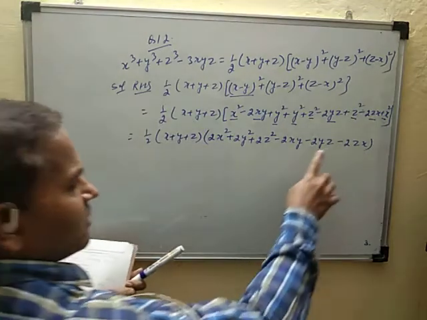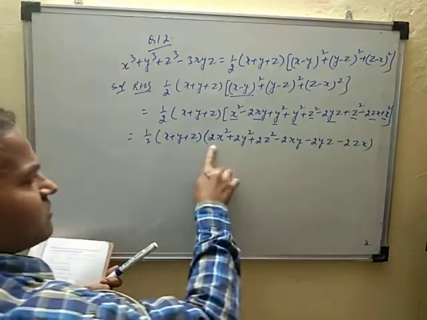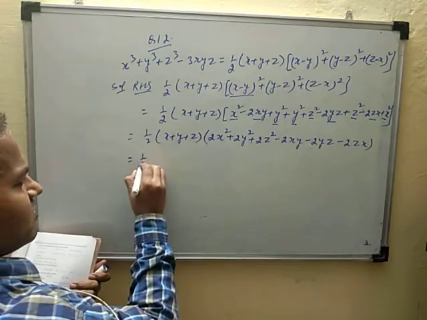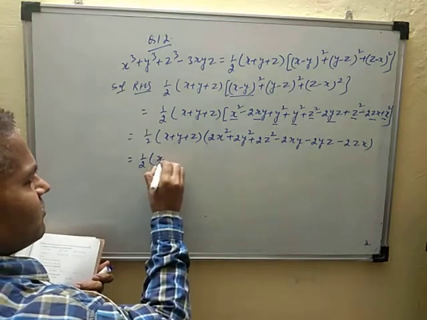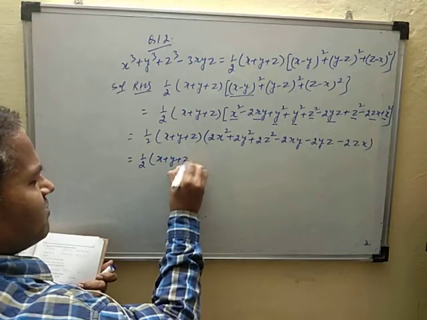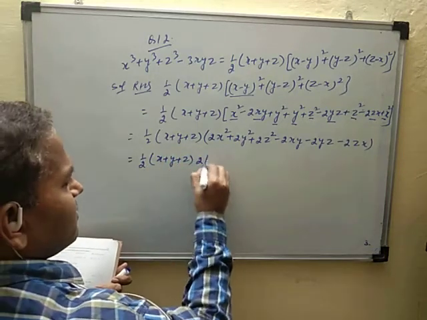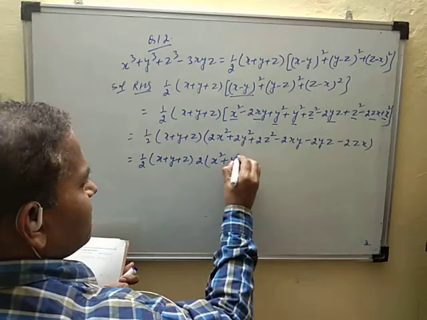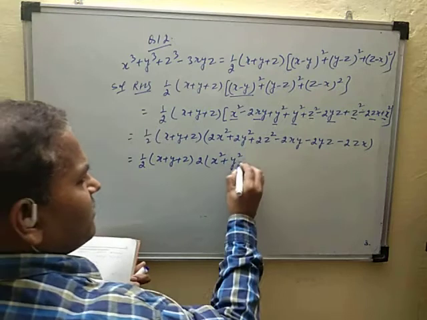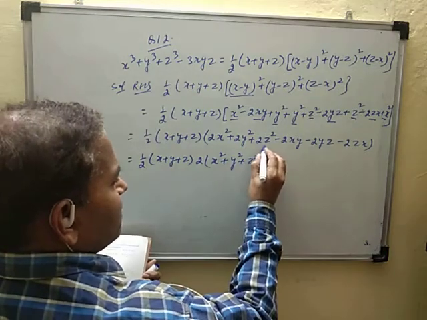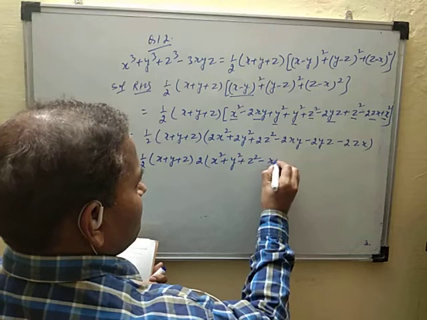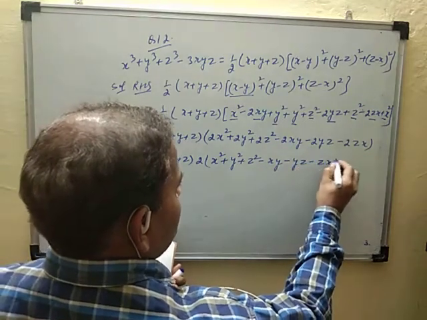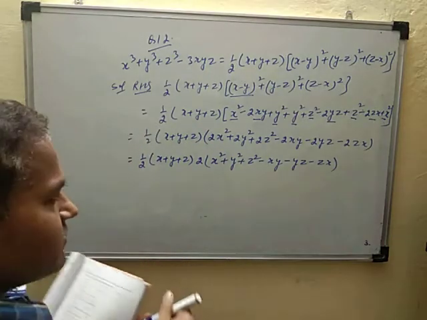Now 2 is common from this bracket. So this equals 1 by 2 into (x plus y plus z), 2 is common, then it becomes x square plus y square plus z square minus xy minus yz minus zx.